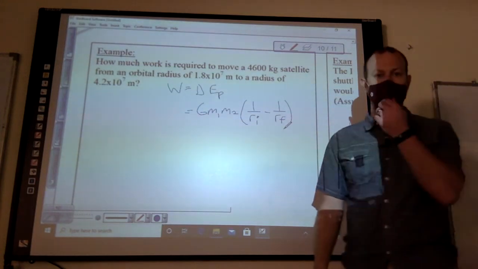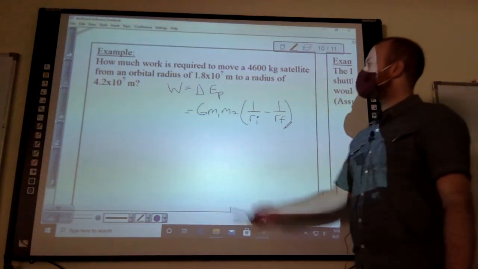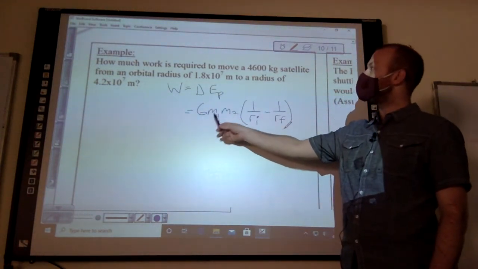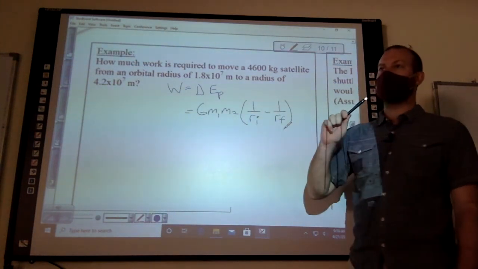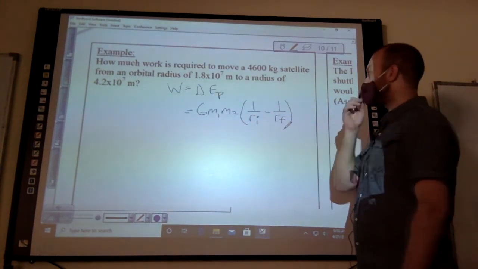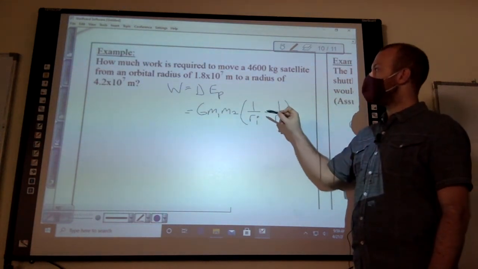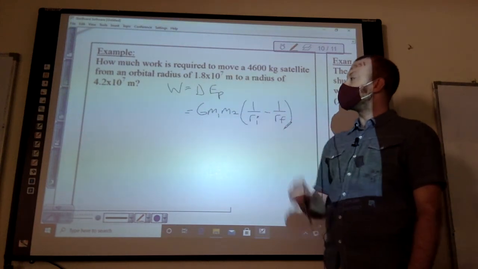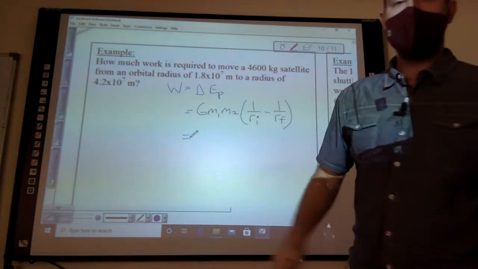It doesn't say Earth, but let's assume it's Earth. We have everything. G we know, mass of the Earth we know, mass of the satellite we know, we have our initial, we have our final. So it's just as simple as typing it in. Be careful when you're putting in the 1 over this kind of an expression, just to make sure it's actually calculating it correctly.